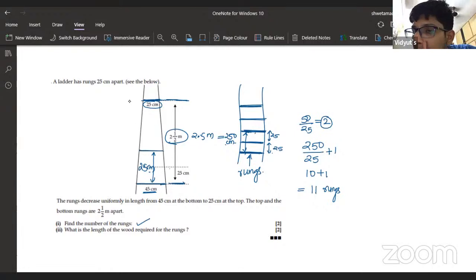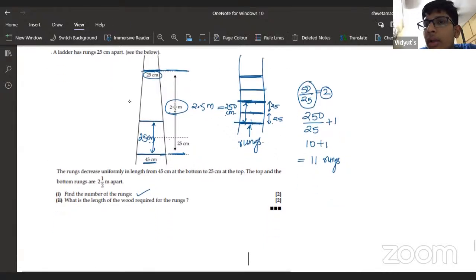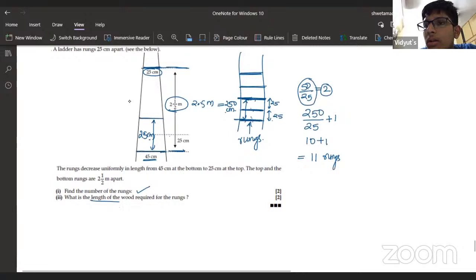But how many rungs are there? 250 divided by 25 plus 1. Why? Because 250 by 25 is the total distance between two opposite rungs, and each rung is 25 centimeters apart. Right?